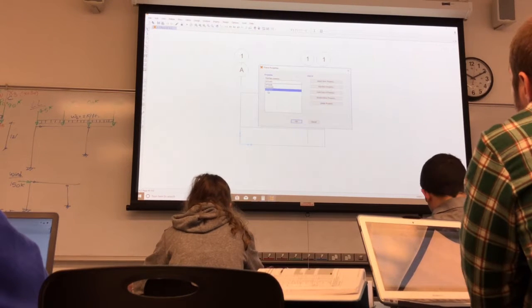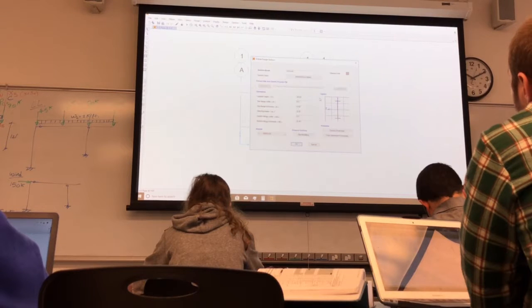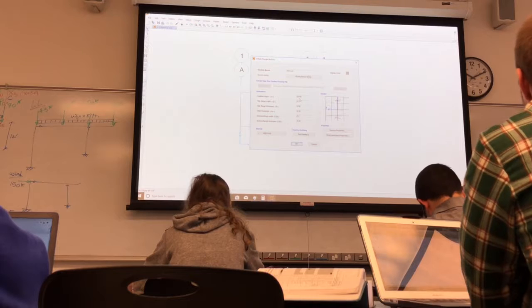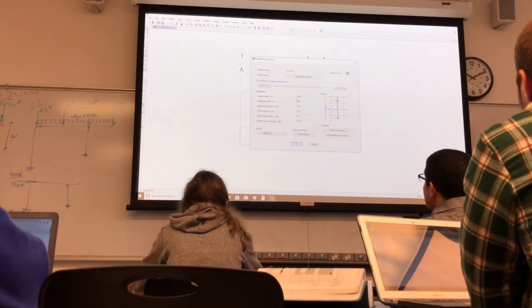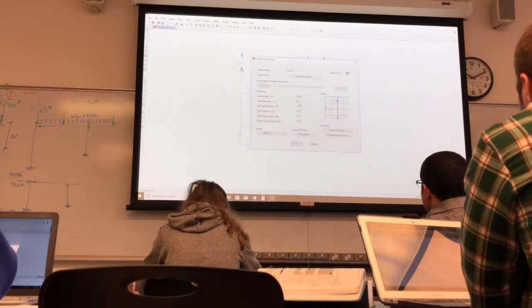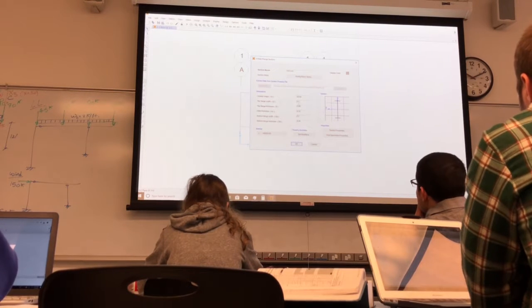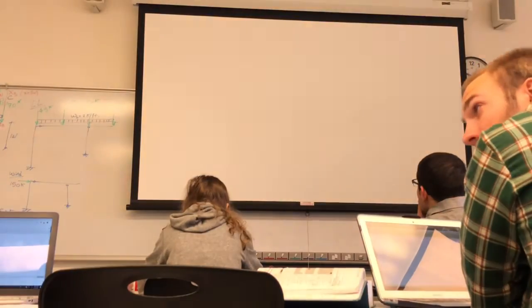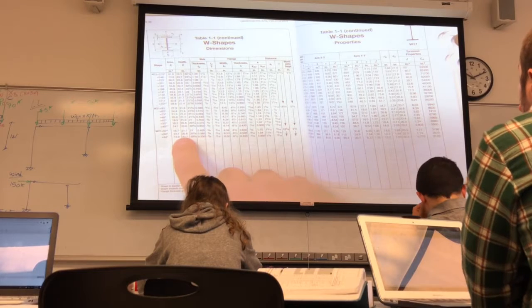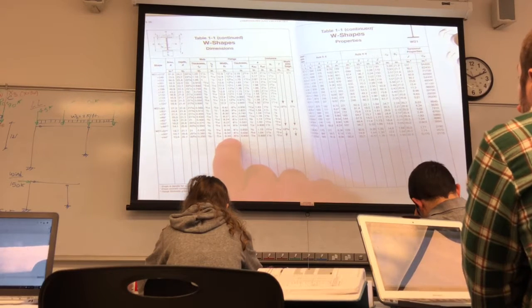So if we look at 21 by 44, I selected modify, so show section. You see it gives me a height of 20.66. That's the height, width of the flange, 6.5, and so on. If you go to the manual here, you'll see 20.7, you'll see a 6.5.